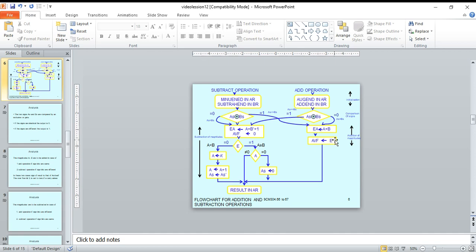If there is any overflow bit, that can be placed into the overflow register, and then finally the result was placed into the AR register. The same way, if the signs are different, then you will go to the subtraction operation, as I said before.